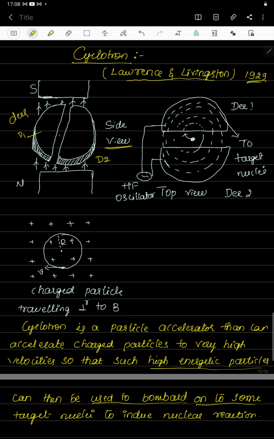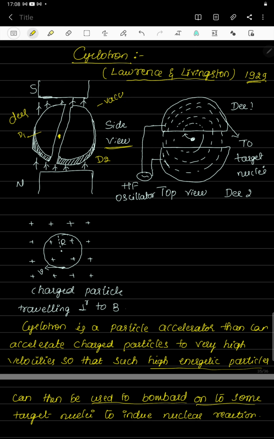A source of ions is located at the center of the two Ds, in the gap between them, from which we get the ionizing particles. The two Ds are insulated from each other, so the gap should be maintained between them.